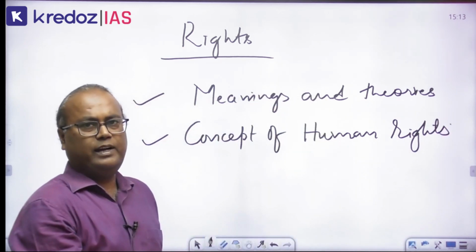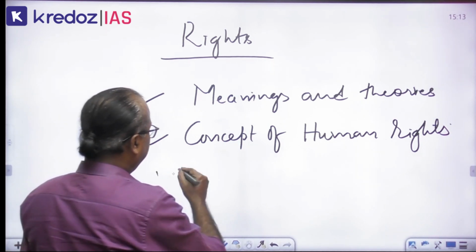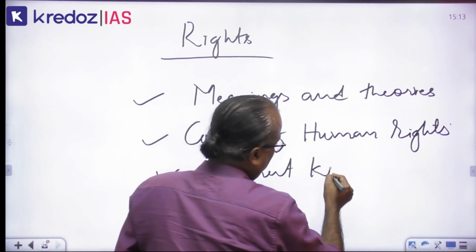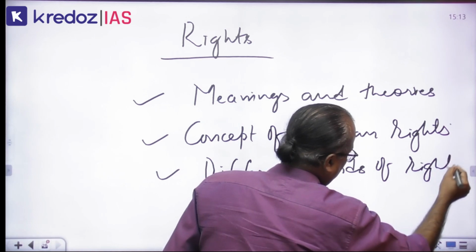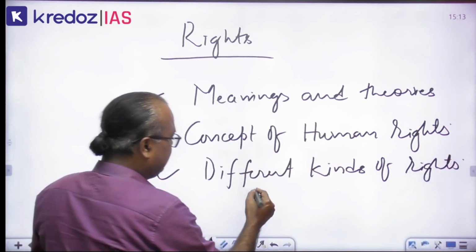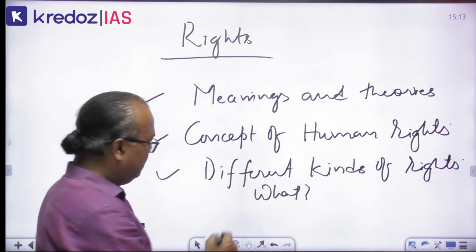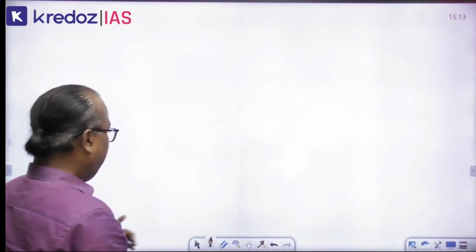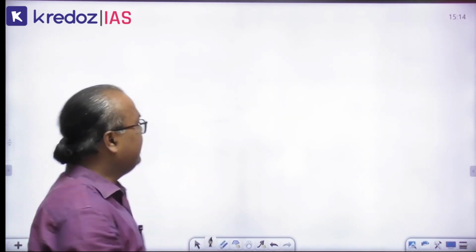Concept of human rights. And then different kinds of rights. At first you have to understand what it is all about, who actually propounded it, and after that we will go for different types of rights.